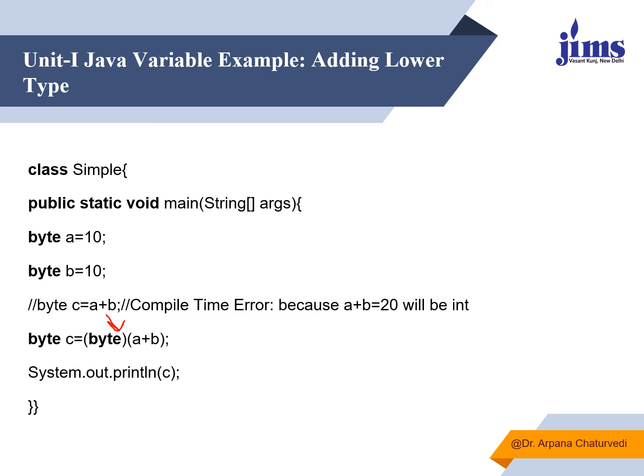When I am adding a and b, it might happen that the sum, 10 plus 10 is 20, is of integer type. What we can do, we can explicitly convert it into byte data type, and then we can store it into c, and we can see the result. The result is appropriate now, and there will not be any compile error. Whereas if we write simply in this way, there will be a compile error, that is a data type error.